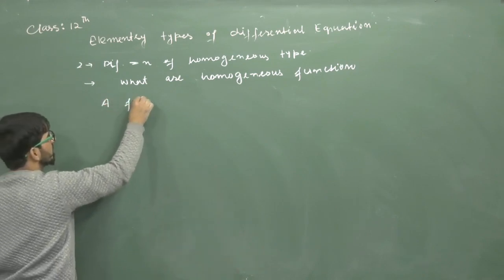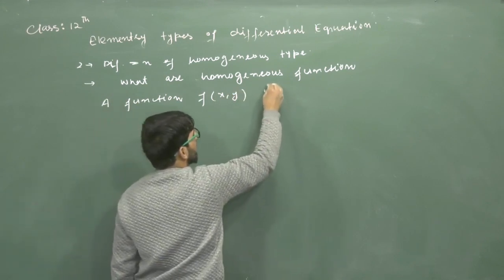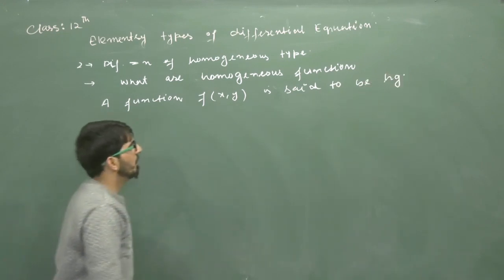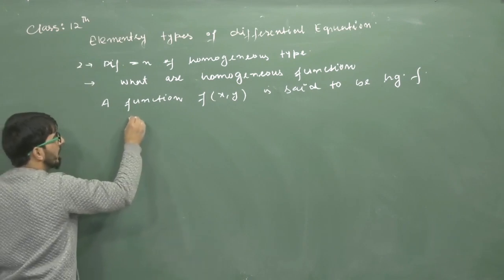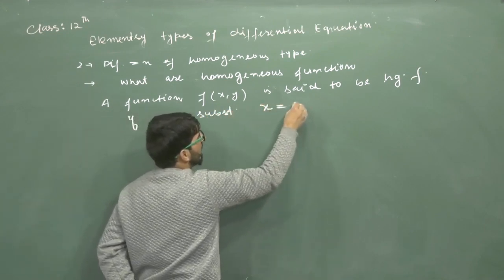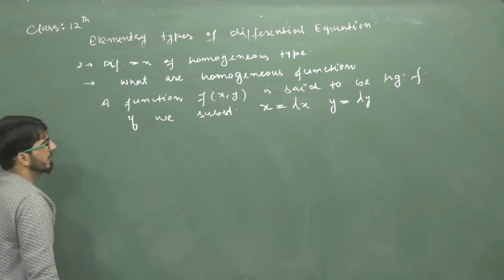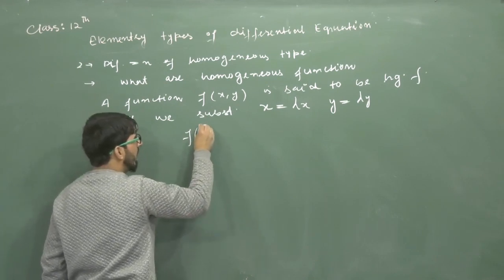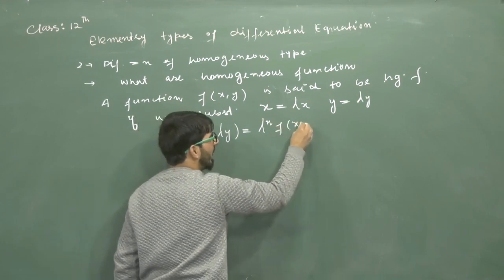A function f of x comma y is said to be a homogeneous function if we substitute x by lambda x and y by lambda y and the equality f of lambda x comma lambda y is equal to lambda power n of f of x comma y holds.